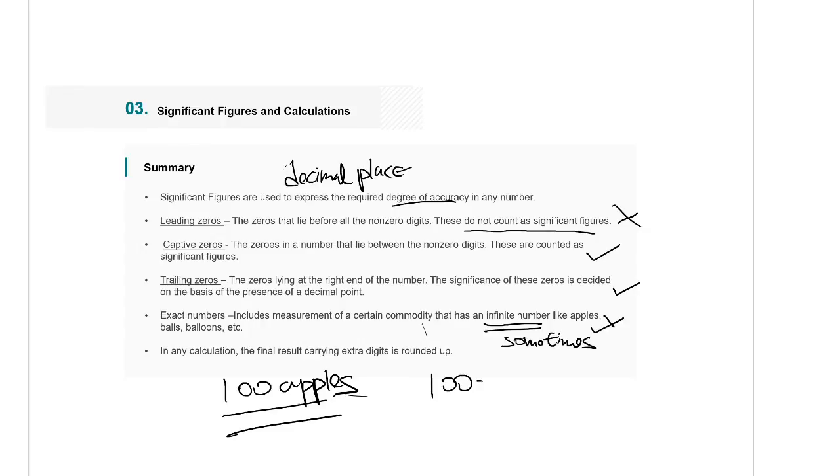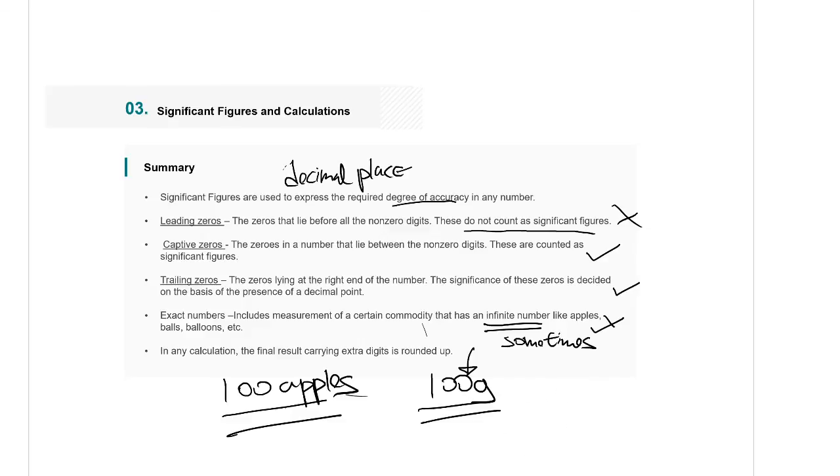But if you measure the weight as 100 grams on your balance, it tells you that it's 100 grams. It's not 101 grams or 102 grams or 99 grams or something like that. So from here, you can say that the zeros count as significant figures. It really depends on what you are actually measuring.